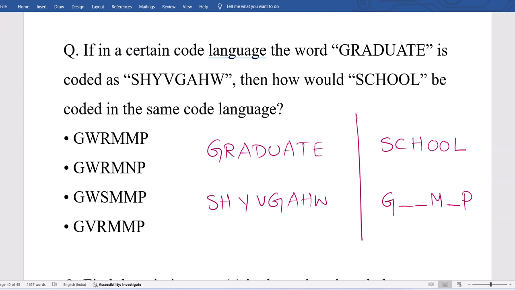With ABCD option selection, some people say, sir, among these, the letter before last, M and MM N has less chance, remove it. Here second letter WV, V has less chance, this is eliminated. And here third letter S occurs only one time, remove it. Option A, which is coming more times, will have more chances. So first one, but that's not the logic I want. Okay, let us see if anyone can crack this.